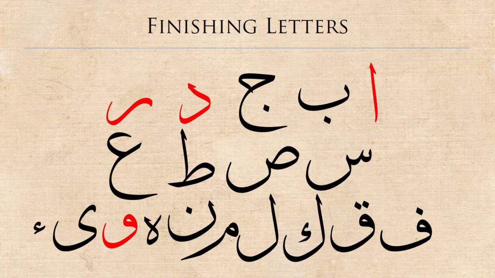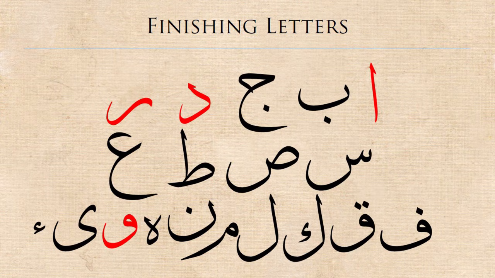A finishing letter is essentially a letter that, though can have a connection on its right side, cannot have a physical connection on its left side. So in other words, a finishing letter ends a module. A module is different than a word.